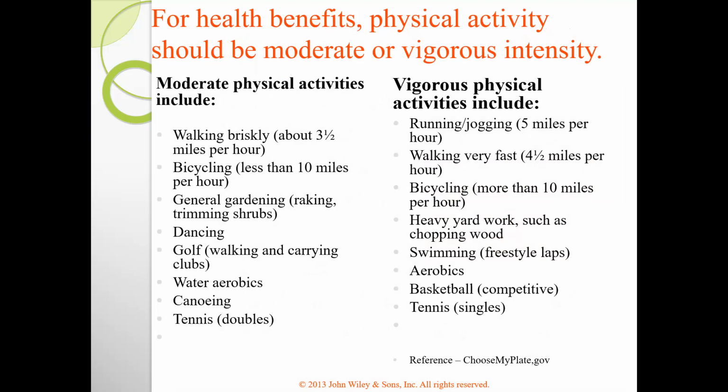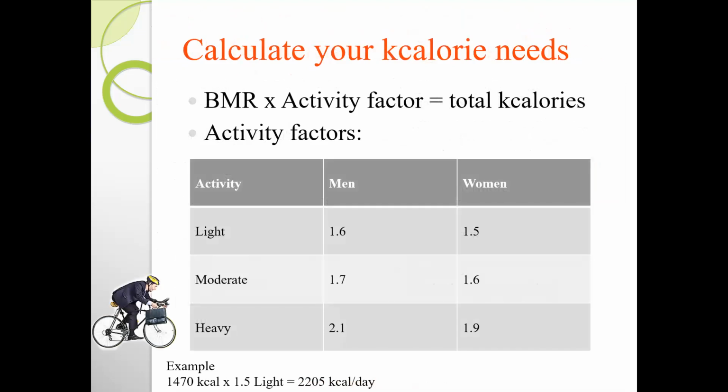Are they moderate energy activities, like just taking a brisk walk, or are they more vigorous physical activities like running or jogging or going on a long bike ride? So these are the factors you could multiply that number by. Say if I'm more of a jogger or runner and I like to run a few miles in a day, then I would multiply mine by 1.9.